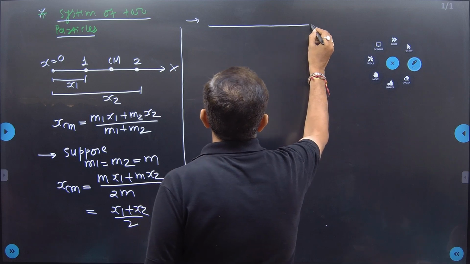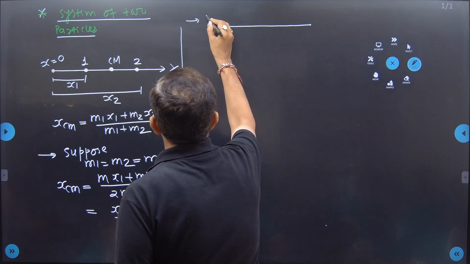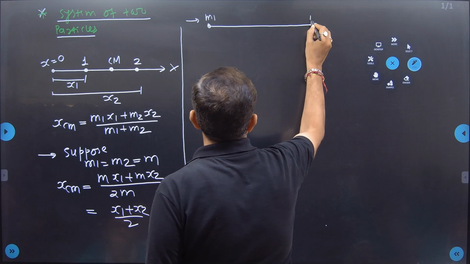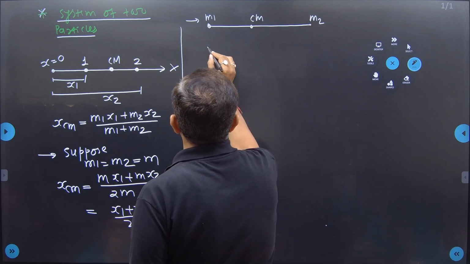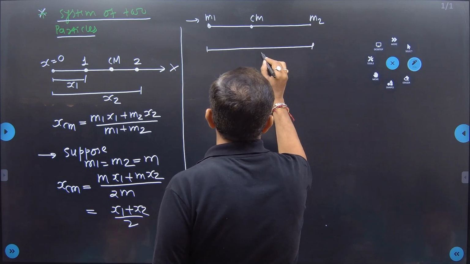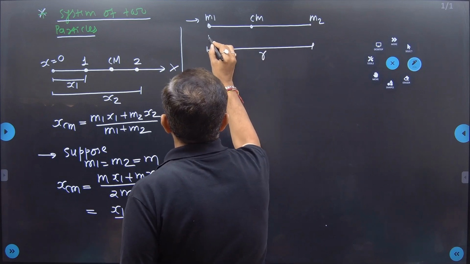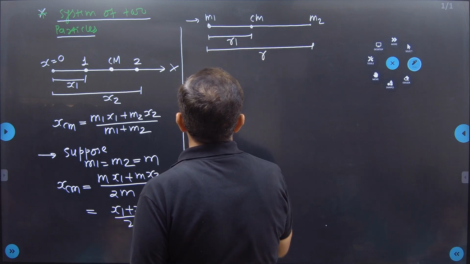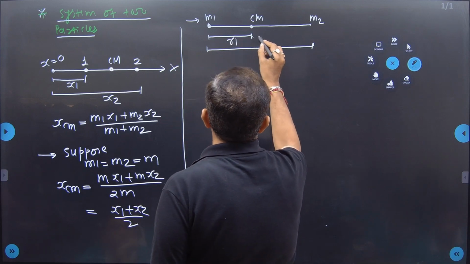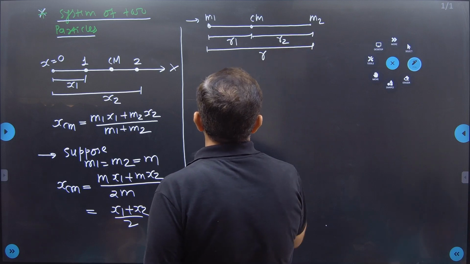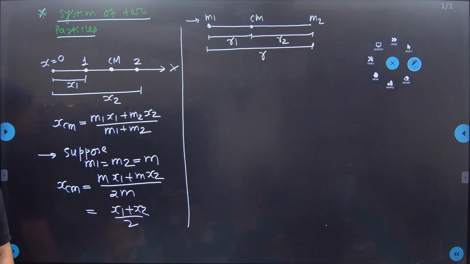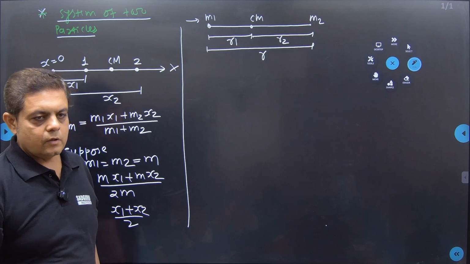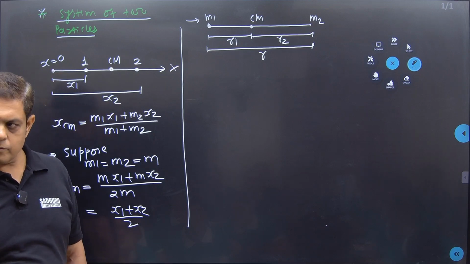So this is my system of two particles, particle 1, particle 2, and suppose this is the center of mass. Distance between the two particles is r. Distance of particle 1 from center of mass is r1 and distance of particle 2 from center of mass is r2. So here you want to find r1 and r2 in terms of r, m1, m2.